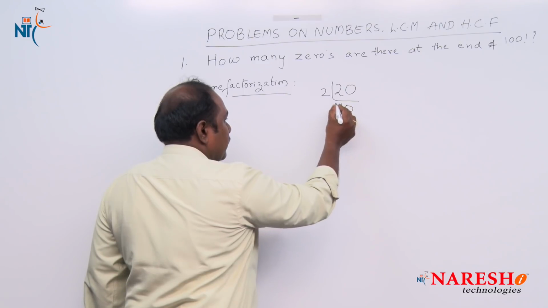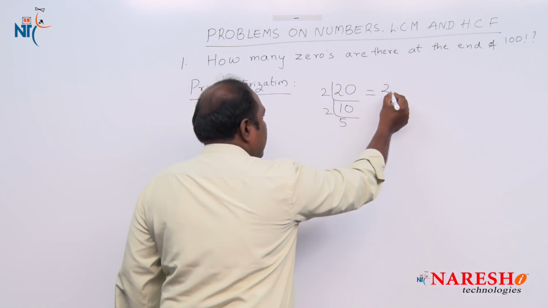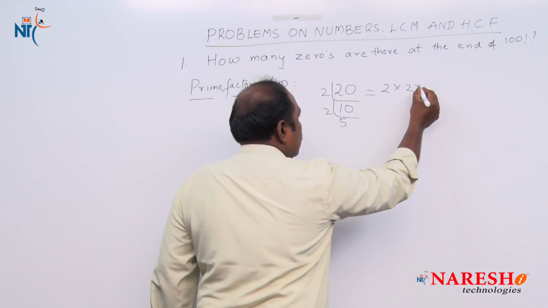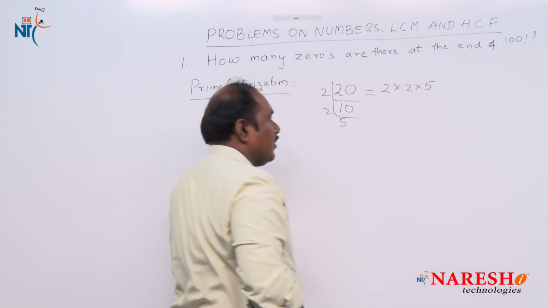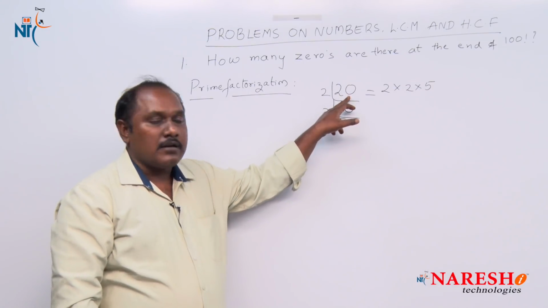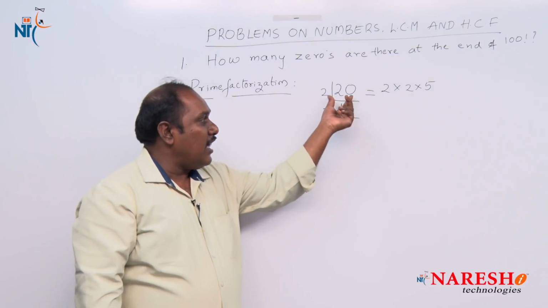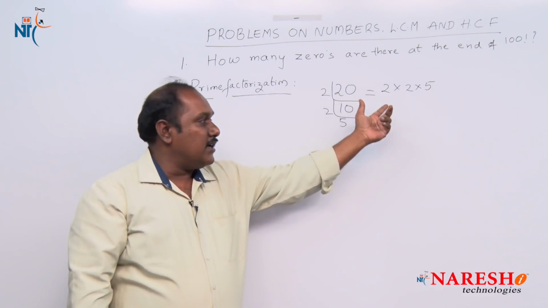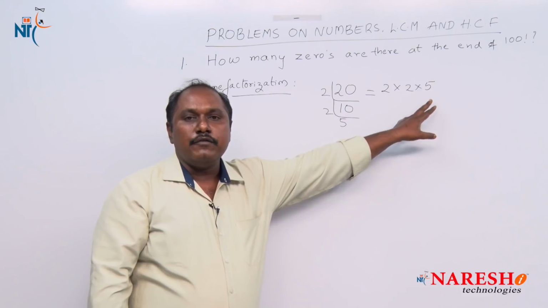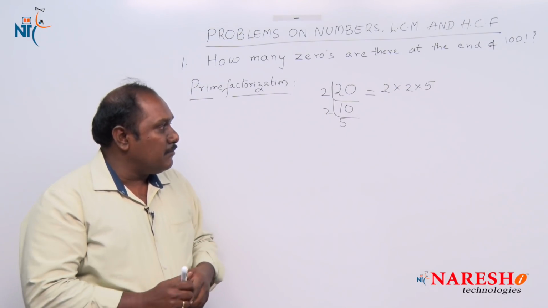2 10s, 2 5s. So 20 can be written as 2 into 2 into 5. Now this is prime factorization, expressing a number as a product of prime numbers. So here I am expressing 20 as 2 into 2 into 5. Now let's take one more example.